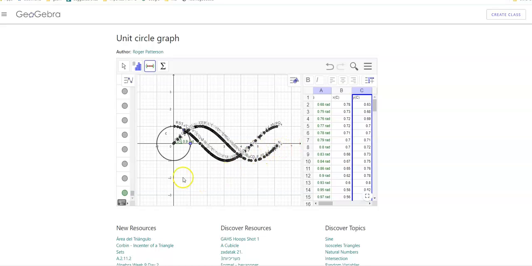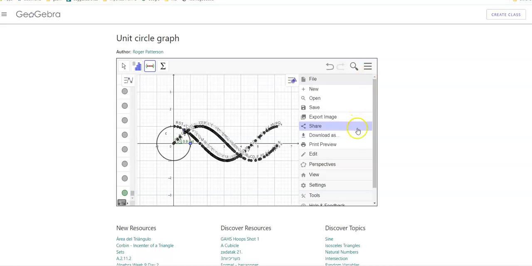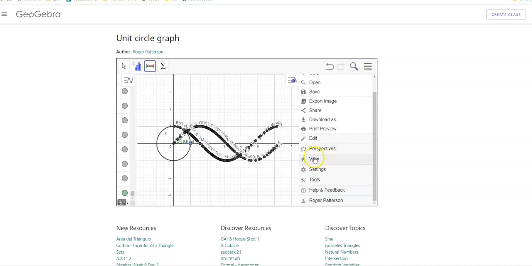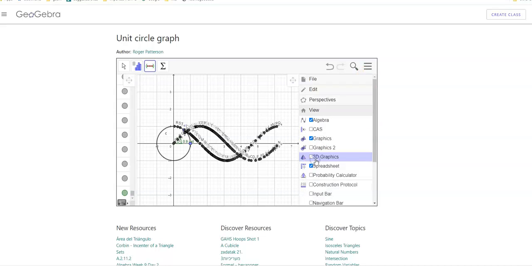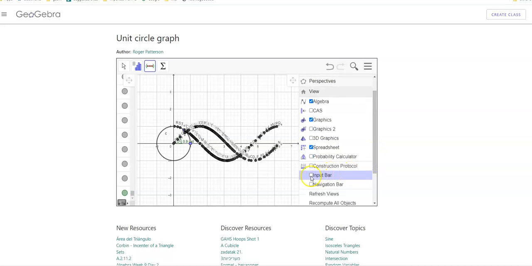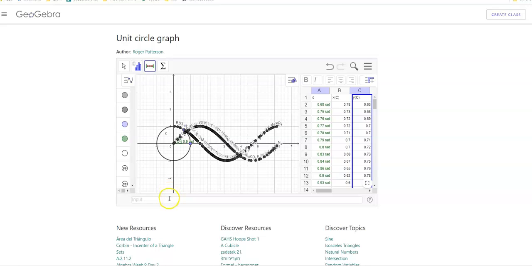So now I'm actually going to take a look at these. Let's go ahead and graph those. To do that, I need to go to these three bars. Click on them. One of the things down here is view. So I'm going to go to view, and then to input bar right there. Now way down here is input.